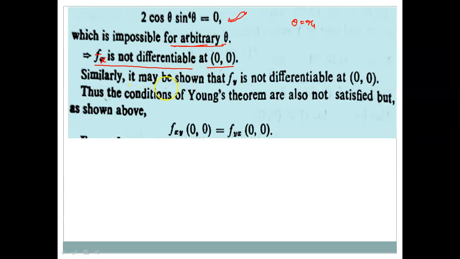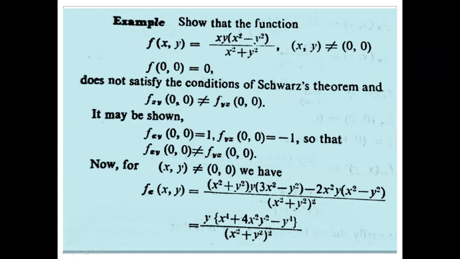Similarly, we can show that fy is not differentiable at the point (0,0). Thus, the conditions of Young's theorem are not satisfied. But we have already shown that fxy at (0,0) and fyx at (0,0) are equal. Now come to the next example.